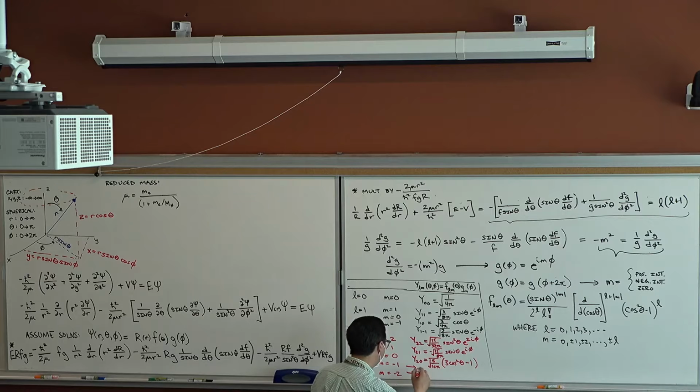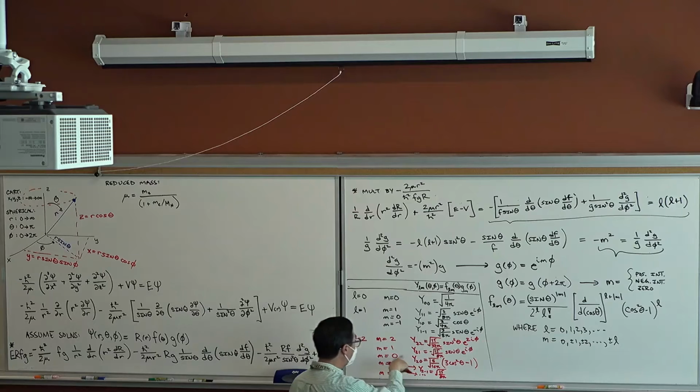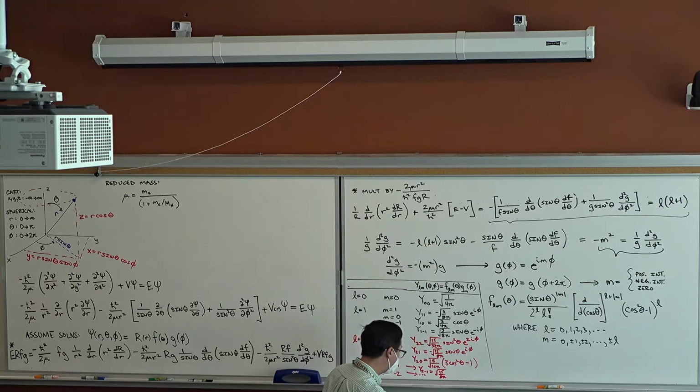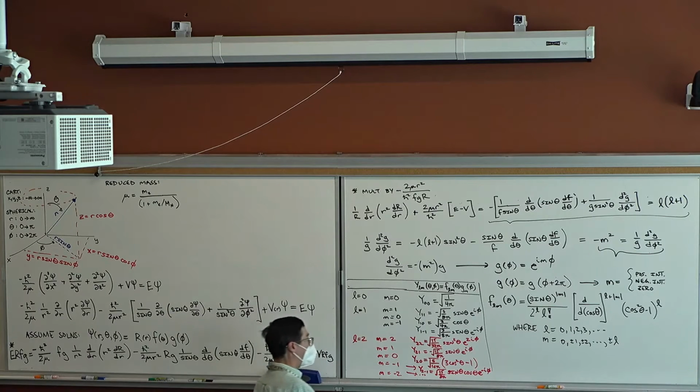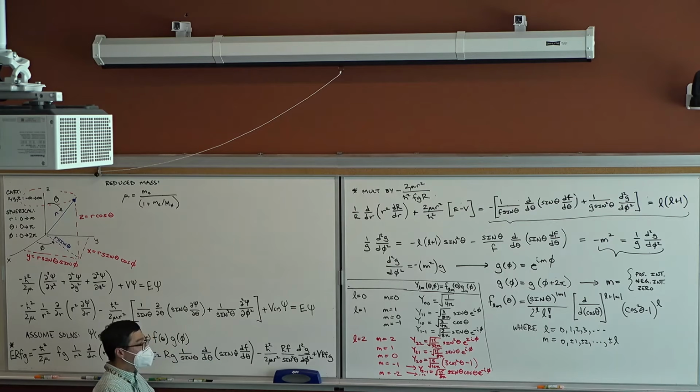So y2 minus 1 is 15 over 8 pi. The ones that end in 0 tend to be the sine theta cos theta times e to the minus i phi. Hooray-ish.